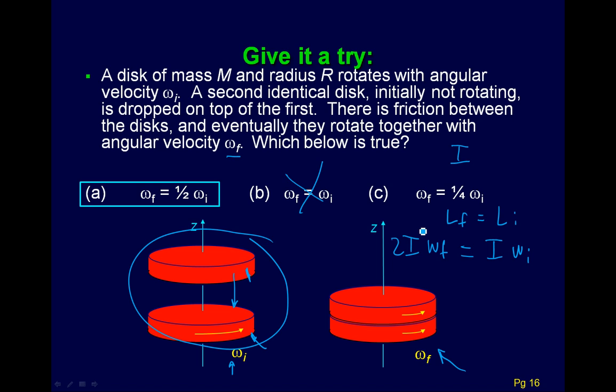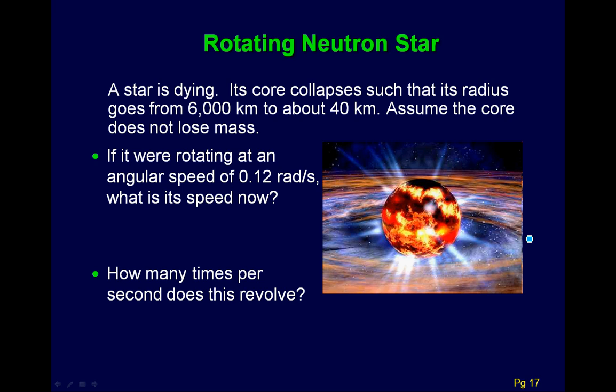And what happens here is since the I's are the same, they can just cancel right out, and you get that omega final equals omega initial divided by 2. Okay, so this is kind of the steps to solving a problem like this. First of all, you realize you can use this. Then you set up your L final equals L initial, and then you go through and solve for what you want to solve for. And let's do one more example here before we take off.